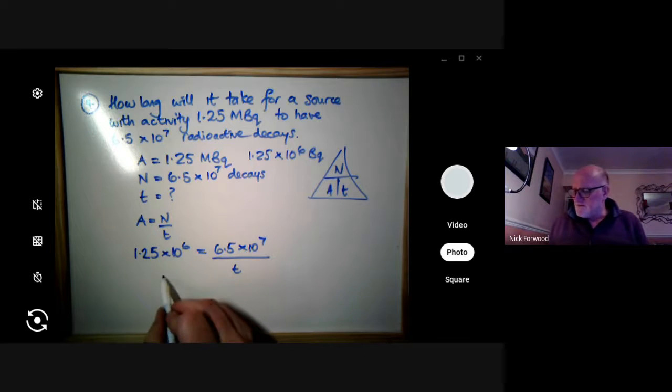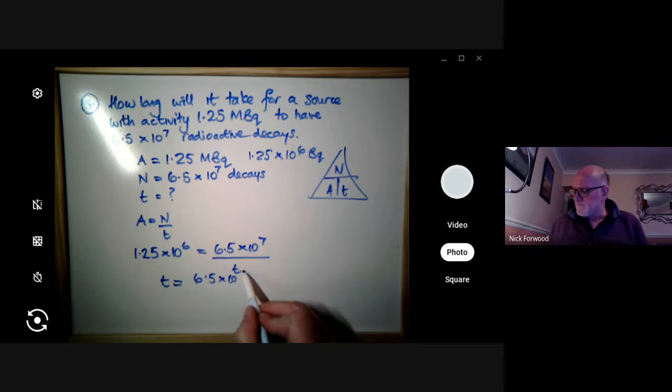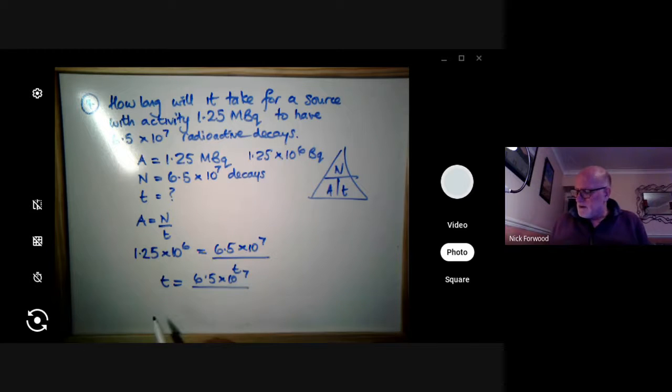So that gives me t is N divided by A, which is 6.5 times 10 to the power of 7. Just getting a bit mixed up with my t there, be careful. 6.5 times 10 to the power of 7 divided by 1.25 times 10 to the power of 6.